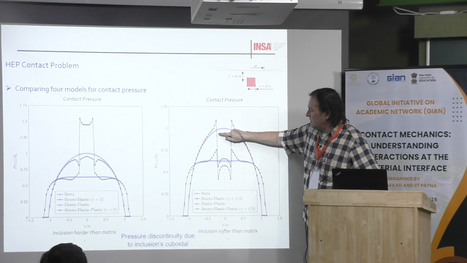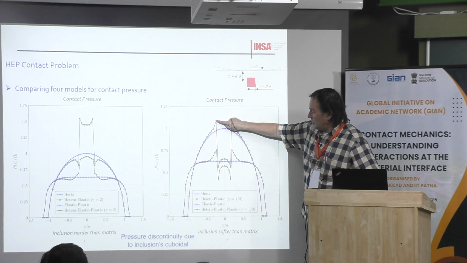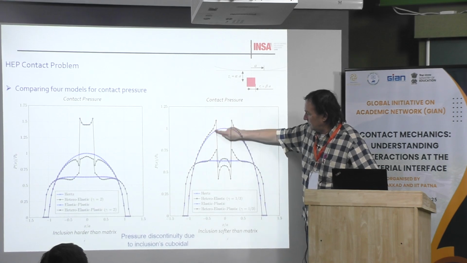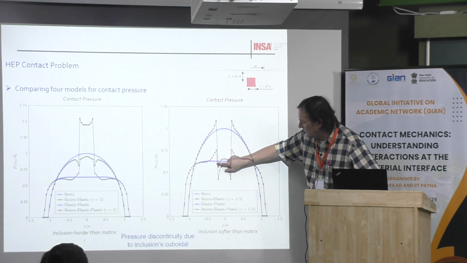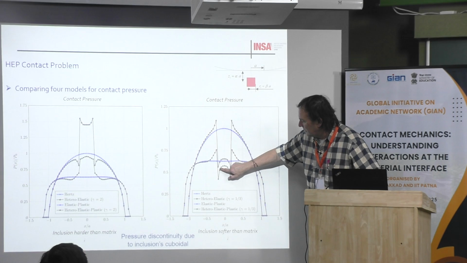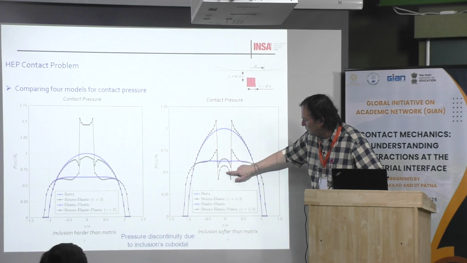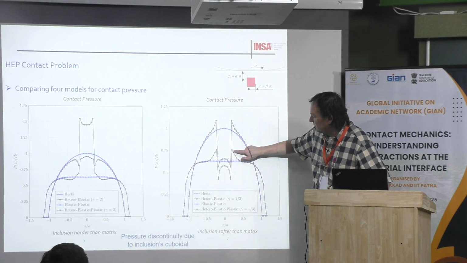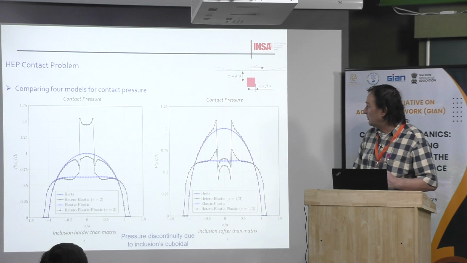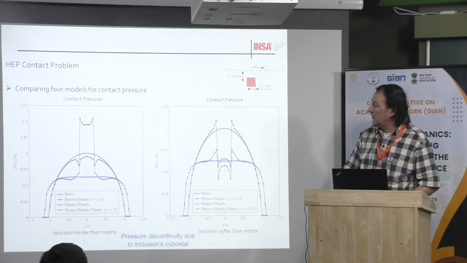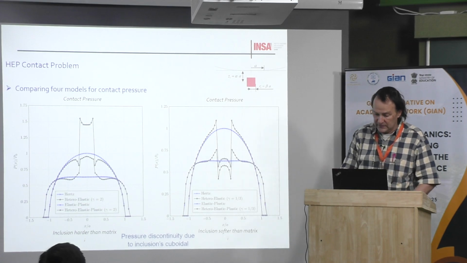Then on the top you have the elastic solution for the pressure distribution, and for the bottom curve here with the small square, you have the solution of the pressure distribution for the elastic plastic contact. Then you can see some strong perturbation again of the contact pressure.